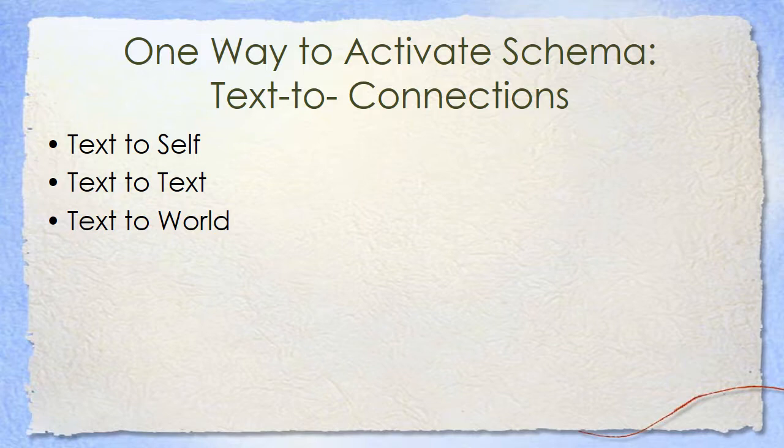So this is kind of setting that in the wider view of other things that you know. Text to world then is the one that really takes on those larger level connections. What do you know about events, either current events or events in the past, that might help you make sense of the information you're gathering.